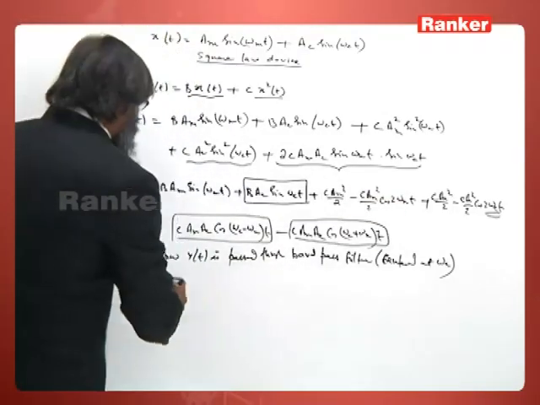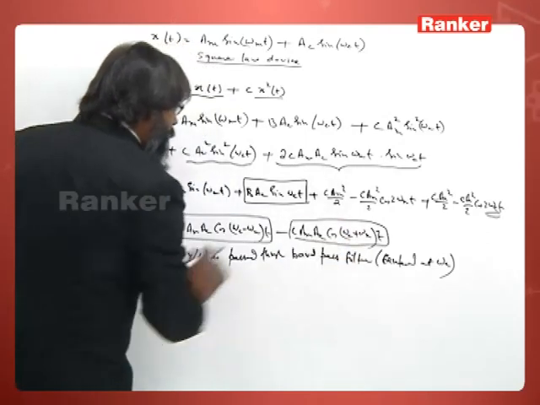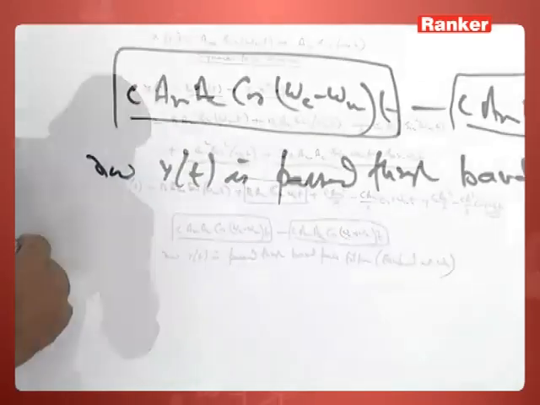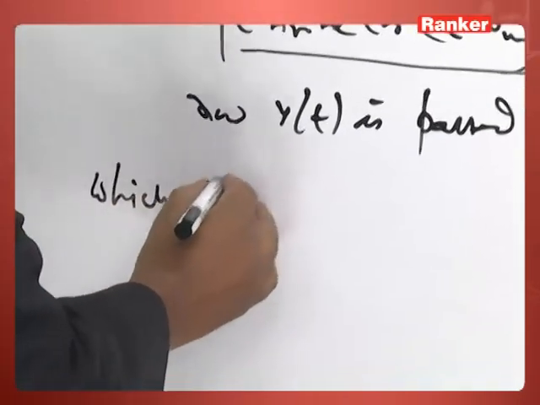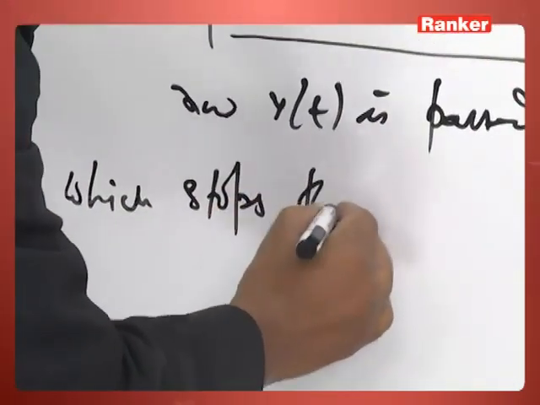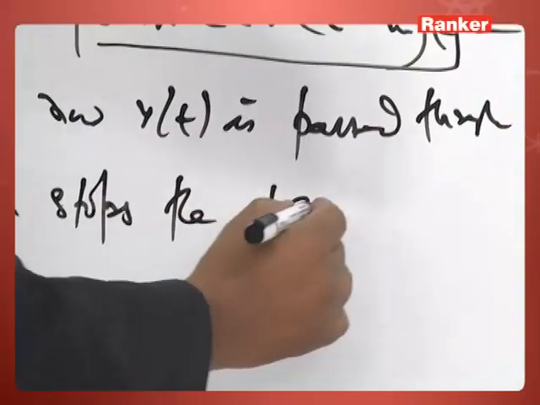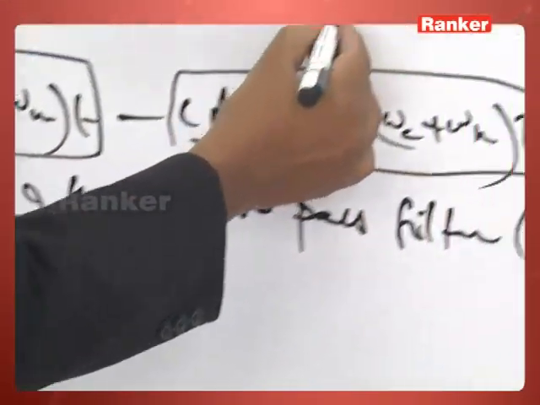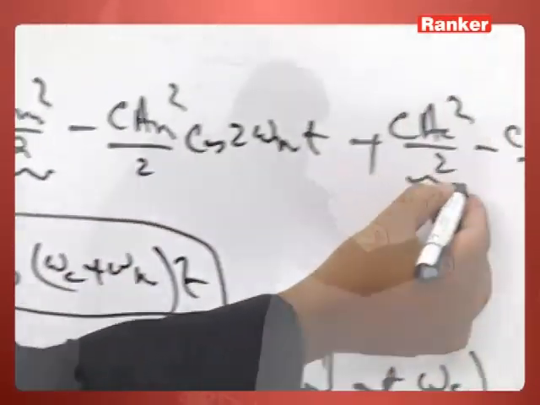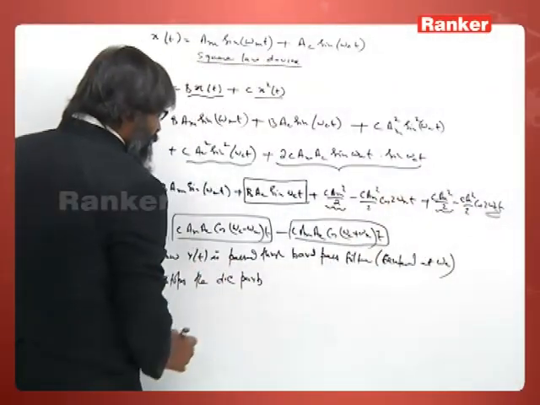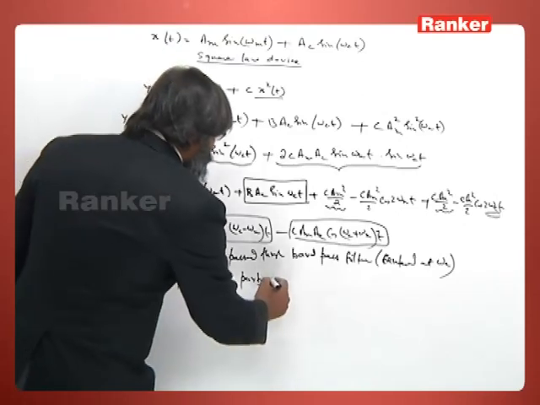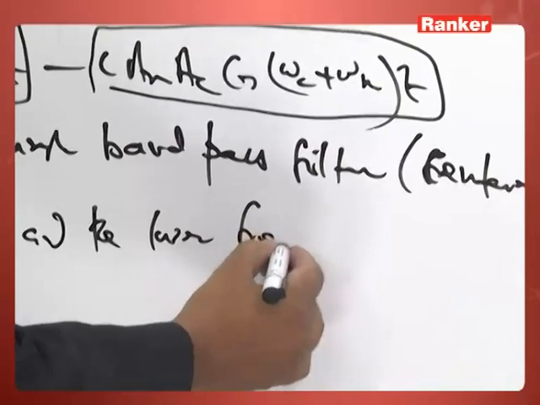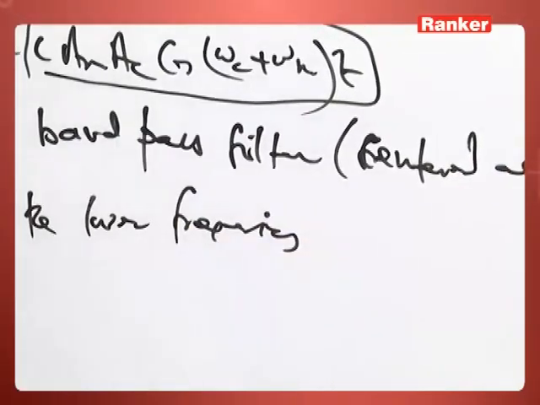So now yt is passed through the band pass filter centered at omega C, which stops the DC parts. DC parts means this one is the DC part and this is the DC part. DC parts and the lower frequencies. What are the lower frequencies?